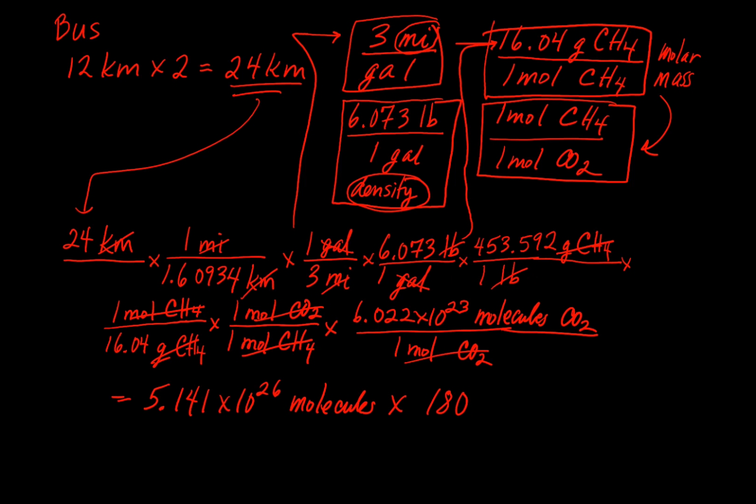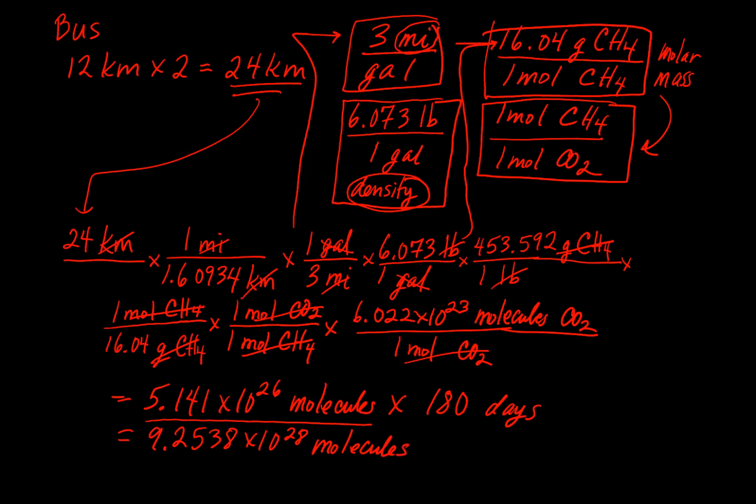So if you're trying to find the amount of CO2 molecules emitted in a year, and there are 180 days of school per year, you have to multiply that amount of molecules emitted in 1 day, which is what this 5.141 times 10 to the 26 molecules is, by 180 days to get the total amount of CO2 molecules emitted in 1 year. So when you do that multiplication, you get 9.2538 times 10 to the 28 molecules.